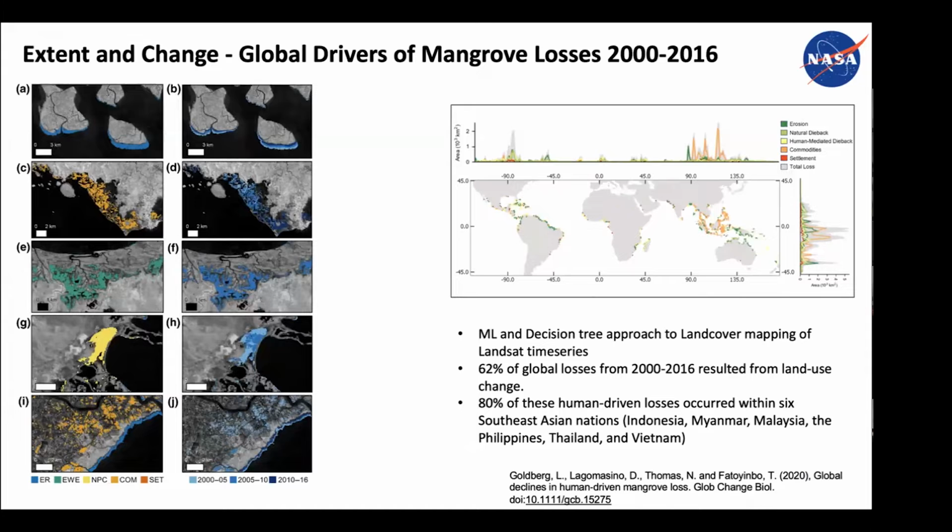Here we combined the baseline data from GMW that's looking at change with many other data sets on population and satellite data to get at what the main drivers of loss in mangroves were during this time frame. So it allows us to separate the different losses into 5 categories, which again is a helpful data set to have if you're trying to inform your decisions or plan, let's say, a restoration project or some type of conservation.